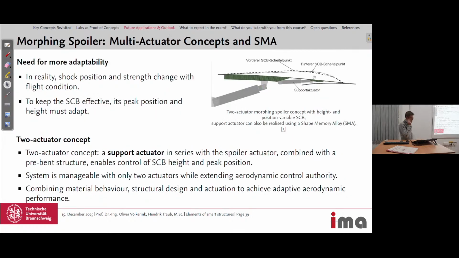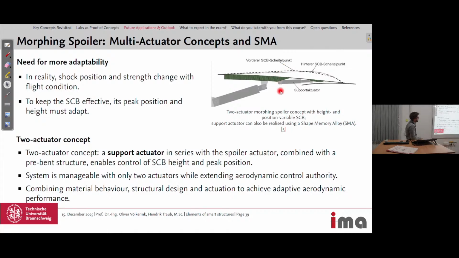They also investigated a second concept, a two-actuator concept with a support actuator, because they found out that it is also necessary to control the position of the highest point of the bump.